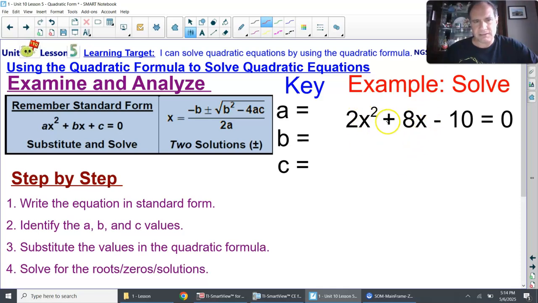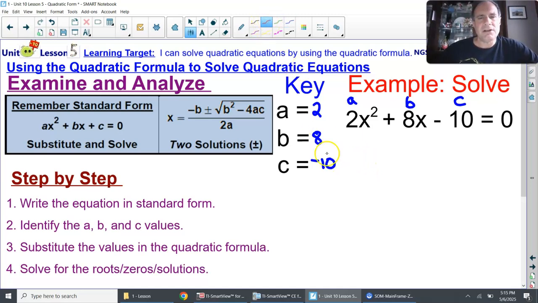It is already in standard form. Now identify the values of a, b, c. So I'm going to put right above this: 2 for a, 8 is b, and c is -10. The sign before the number is the sign of the number.